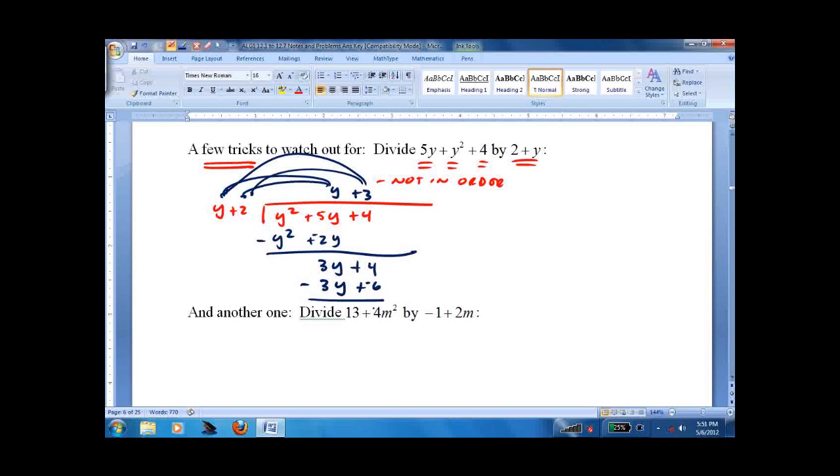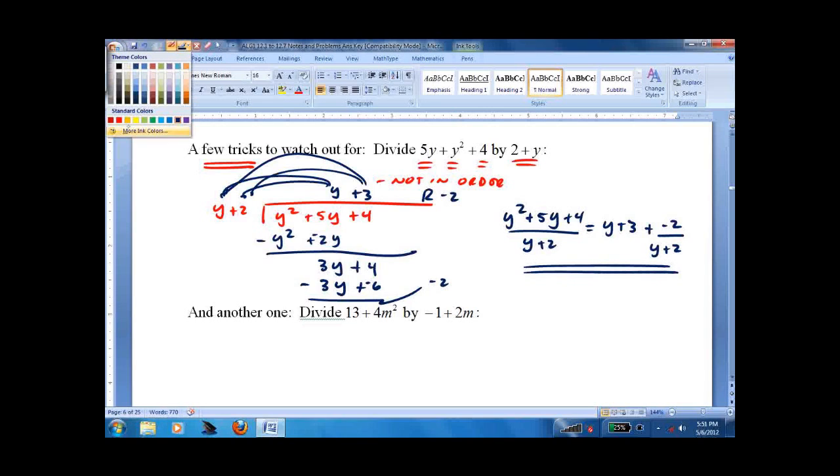Change the signs. I get a remainder of negative 2. Y squared plus 5y plus 4 all over y plus 2 equals y plus 3. Here's the tricky part. Plus negative 2 over y plus 2.